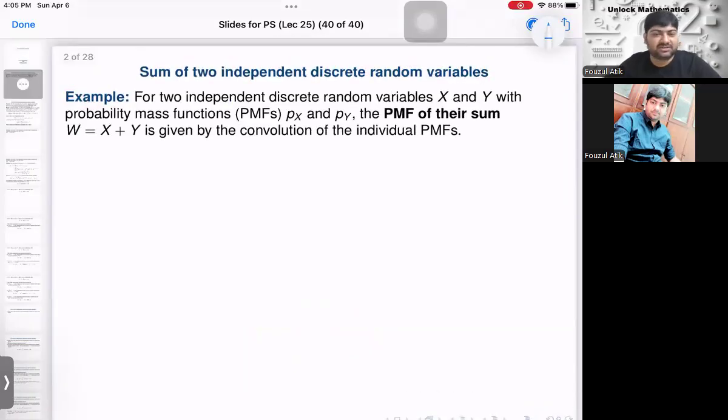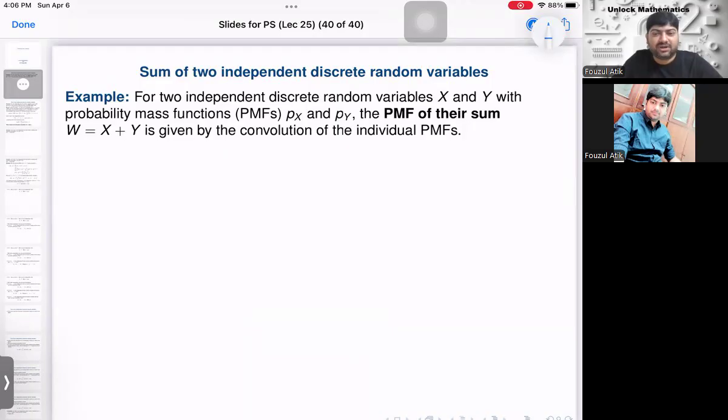First, we'll talk about the sum of two discrete random variables, and then later we'll talk about the sum of two continuous random variables, which are independent. What is that? For two independent discrete random variables x and y with probability mass functions (PMF) Px and Py, the probability mass function of their sum W equal to x plus y.